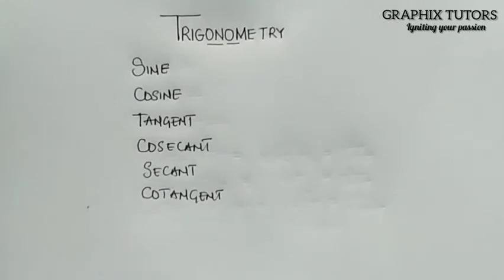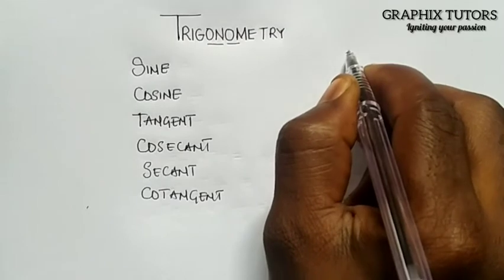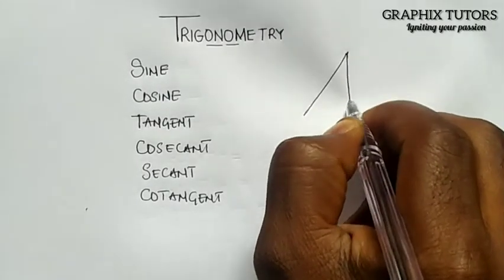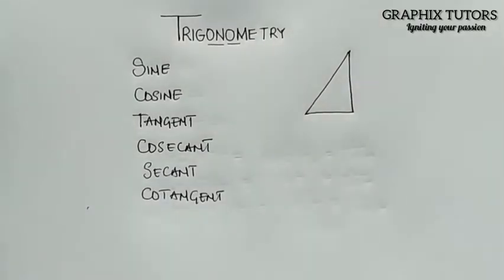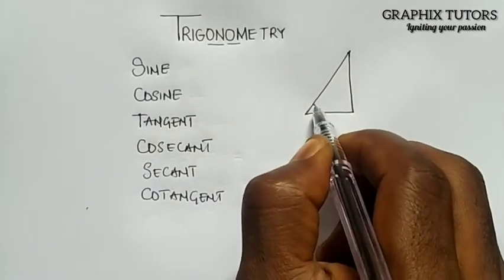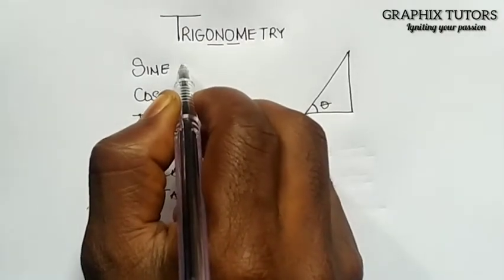So one thing you need to know is that if we are analyzing them in relation to a right angle triangle, let's assume this is a right angle triangle. Right? And if our angle here is theta, it means everything here will be theta.